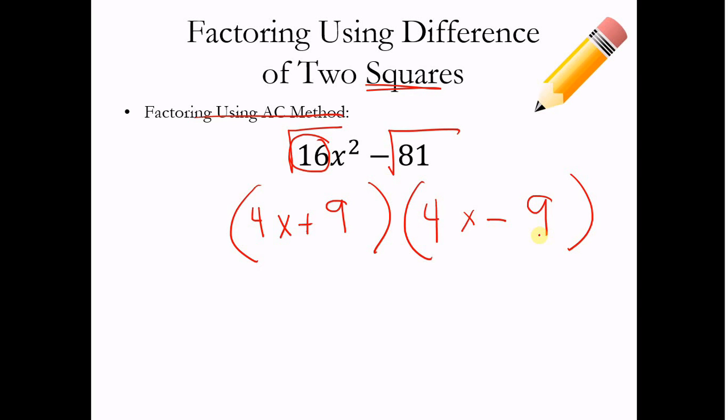That's pretty simple. If you don't want to use the perfect square or the box, you can use difference of two squares using this method, thinking the square roots and putting them where they are. We'll do a few more examples of this kind in class.